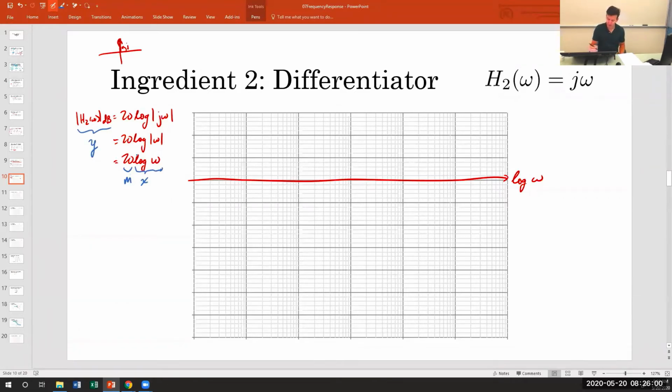That's kind of cool. So there are lots of lines with slope 20 that I could put on this graph, and I need to know one more point, maybe the intercept. So this has a value of 0 dBs when log omega equals 0. That would be somewhere like here. And what frequency has a log of 0?